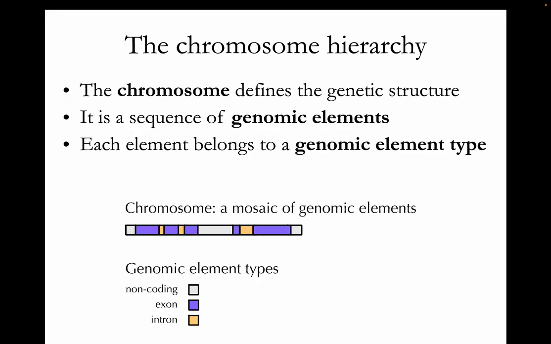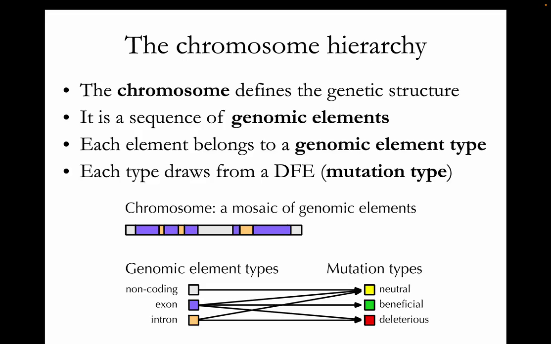Each of these genomic elements belongs to a particular genomic element type, and that's what the colors represent. In this simple example, we have genomic element types for non-coding regions, exons, and introns. But SLiM itself doesn't know anything about exons and introns and so forth. You choose the genomic element types that you need for the simulation you want to do. SLiM doesn't dictate them to you. If you want a genomic element type for UTRs or the centromeric region or whatever, you can do that.